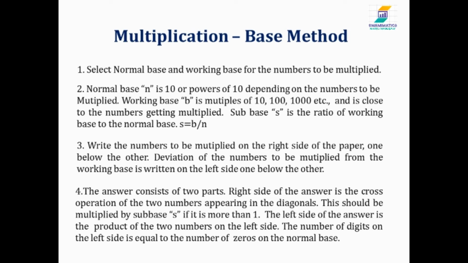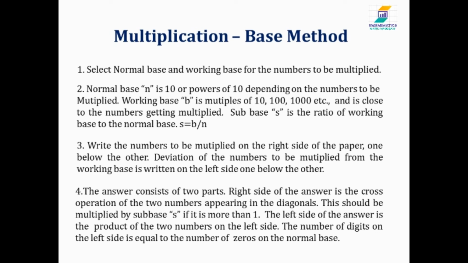The number of digits on the left side depends on the number of zeros in your normal base. In other words, if your normal base is 10, then the left side of the answer will have only one digit. But if your normal base is 100, it will have 2 digits. If the normal base is 1000, 3 digits. If the normal base is, let us say, 10,000, 4 digits, etc.